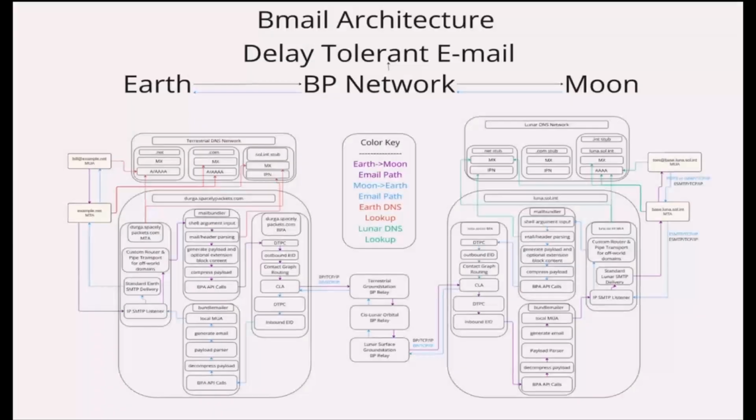Jump back to this diagram for a moment. In the larger bubbles to the bottom, in the middle column, you will see the two shim applications at work, mail bundler and bundle mailer. These reside between the bundle protocol agent and the mail transfer agent.